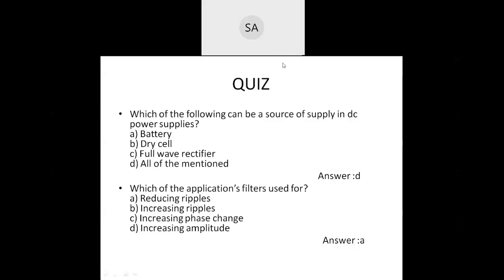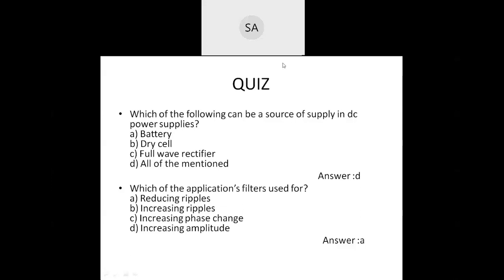Which of the applications are filters used for: reducing ripples, increasing phase change, or increasing amplitude? Filters are used for smoothing. Smoothing circuits are also known as filters. So these filters are used for reducing the ripples.